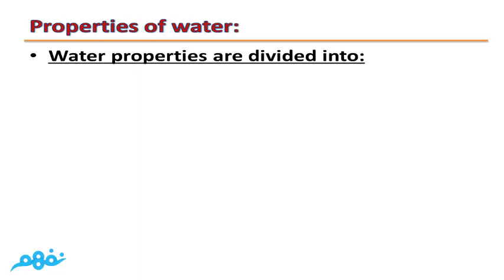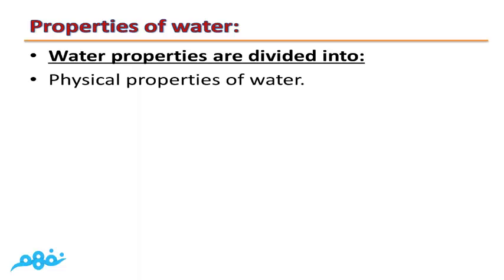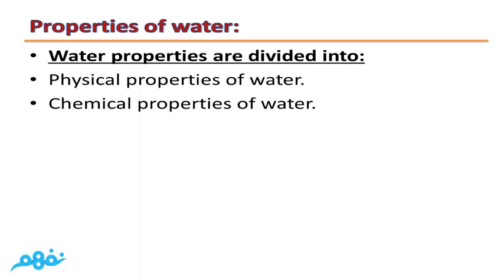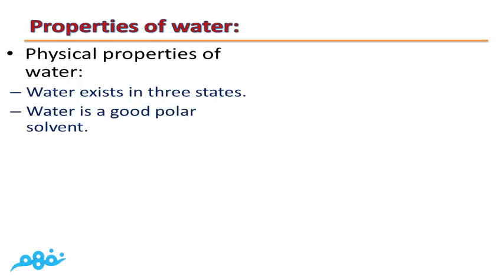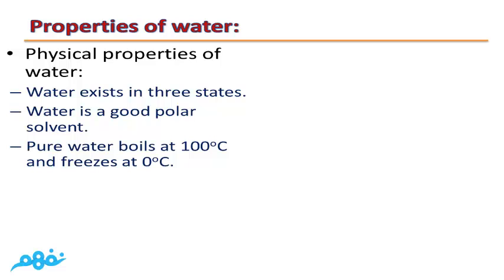Properties of water. Properties of water are divided into physical properties and chemical properties. Physical properties of water, we will study the following properties. Water exists in three states. Water is a good polar solvent. Pure water boils at 100 degrees Celsius and freezes at 0 degrees Celsius.